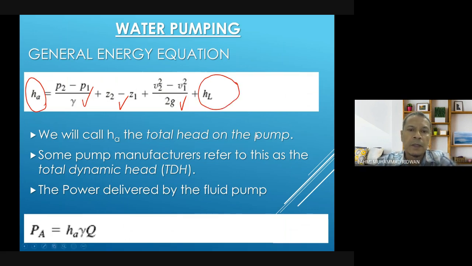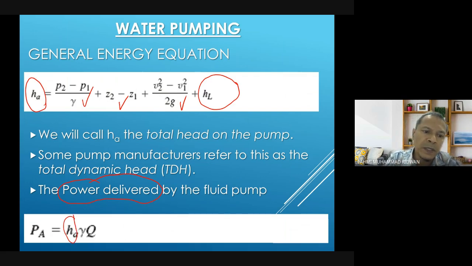So finally, we should determine the power required for the fluid pump.